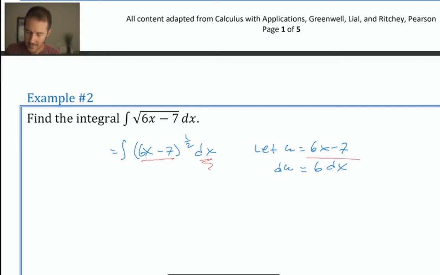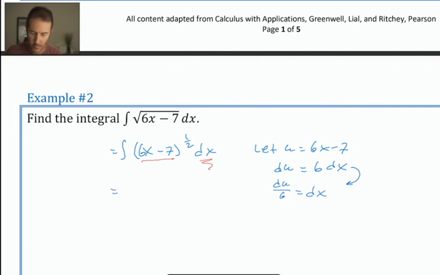And it's this second statement here that allows me to replace the dx with something. But the only thing in my original expression that I still need to replace is the dx. So I'm going to solve this little equation here for dx. Let's divide both sides by 6. du over 6 equals dx. Perfect. Now I know what to replace my dx with.